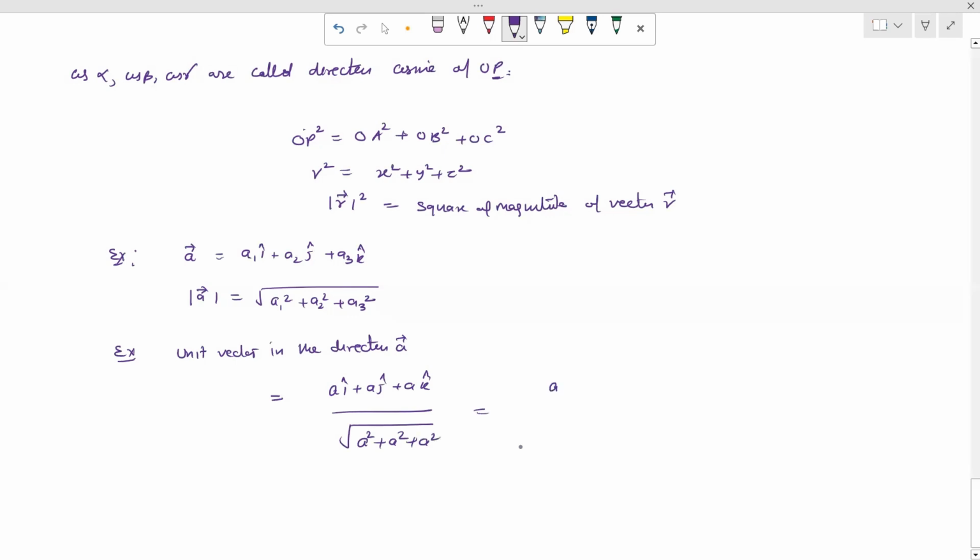So we take A as common, vector i plus j plus k upon root 3 into A. Because this is 3A square, we take the square root. So now we can write it as vector i plus vector j plus vector k upon root 3.